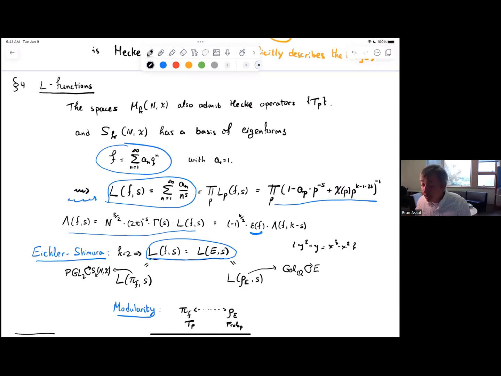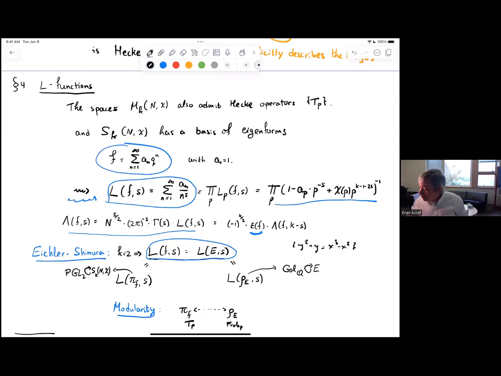So really modularity tells us that there's a bijection, or a correspondence, between these representations on both sides. This correspondence is not just a bijection of sets; there are also some properties that are preserved between the two sides. For example, the Hecke operators on the modular form side correspond to Frobenius acting on the Galois side.